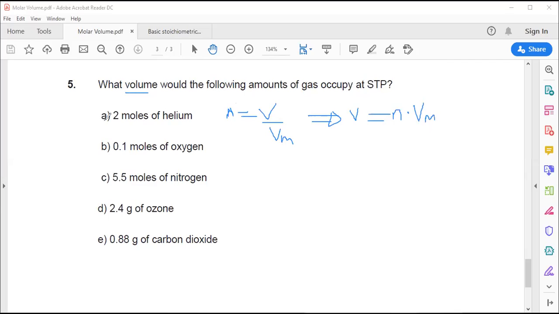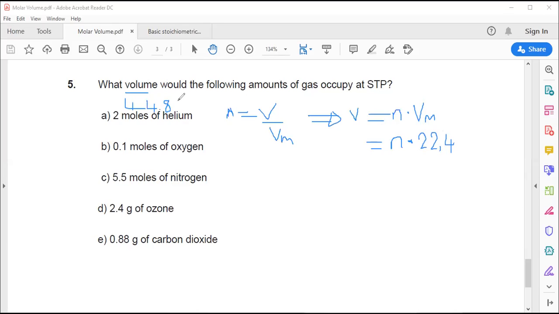So the first one, I'm just going to multiply 2 times 22,4. So here I simply multiply n multiplied by 22,4. So 2 times 22,4, what do I get? 44,8. So the answer is 44,8.